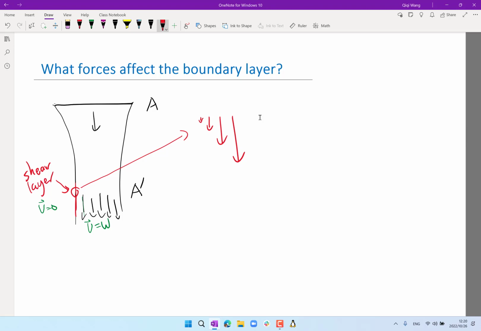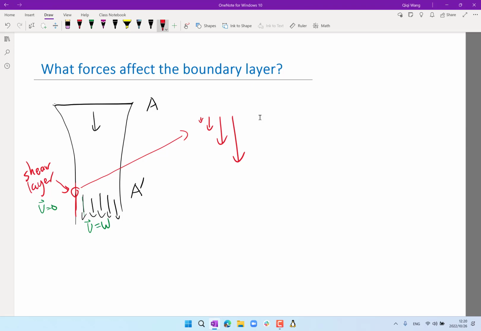Therefore, vorticity cannot be 0, right? Okay, vorticity is the difference between the x derivative of y velocity and the y derivative of x velocity. So if y derivative of x velocity is equal to 0 and the x derivative of y velocity is not equal to 0, then vorticity will not be 0. You cannot apply Bernoulli across the shear layer, right? That's probably the most common novice mistake of applying Bernoulli's.